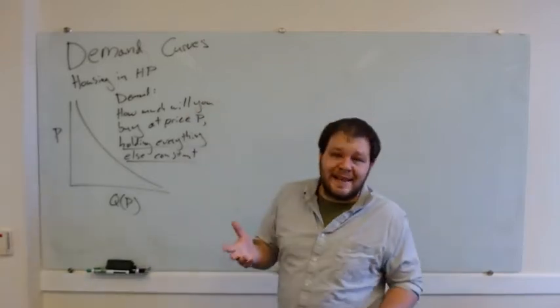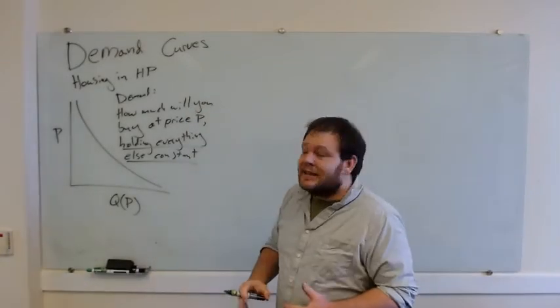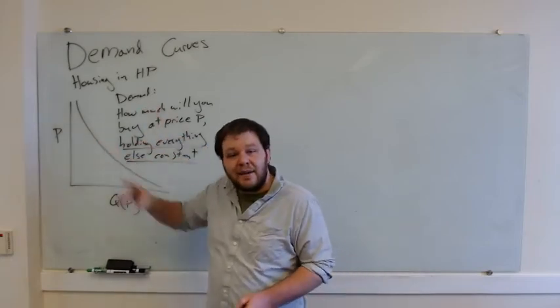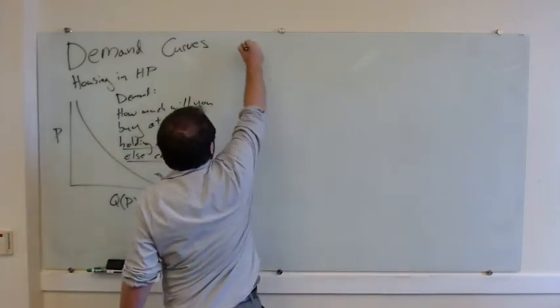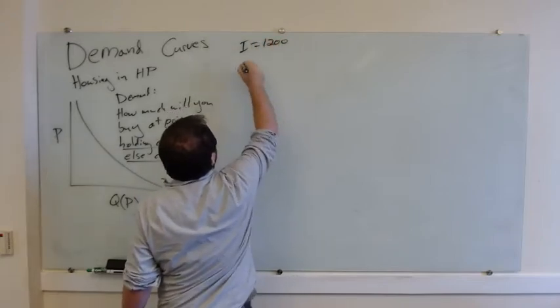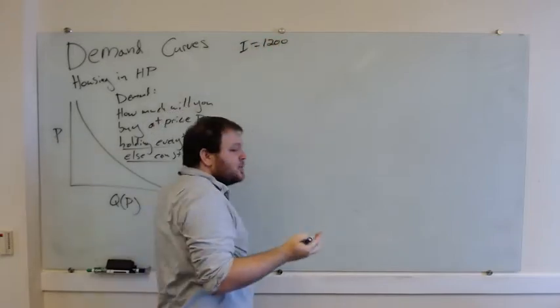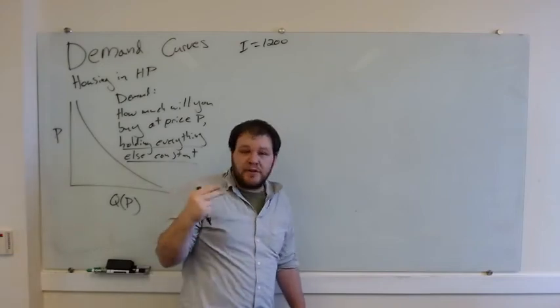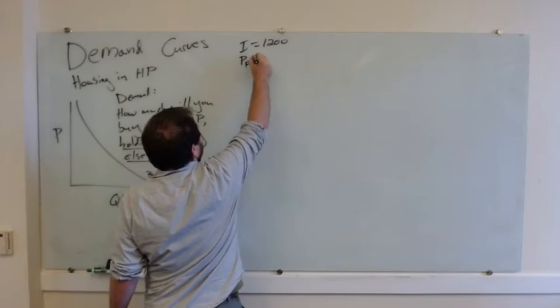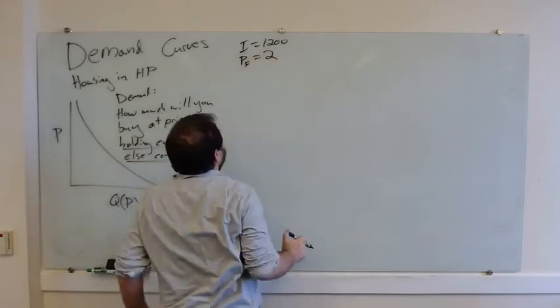So as a concrete example, let's fix these things. Let's say that you were trying to decide how much housing in Highland Park you're likely to demand. Given that you have an income of $1,200 a month, you only spend your money on housing or pupusas, right? And the price of a pupusa, which I'm going to call PF, or price of food, is equal to 2.